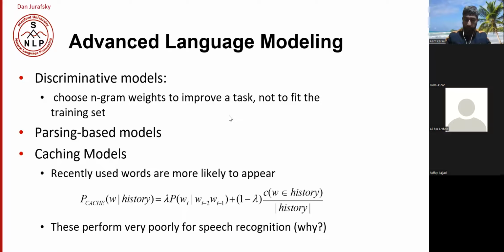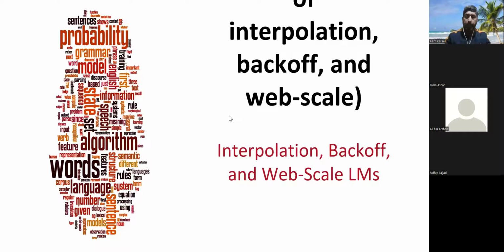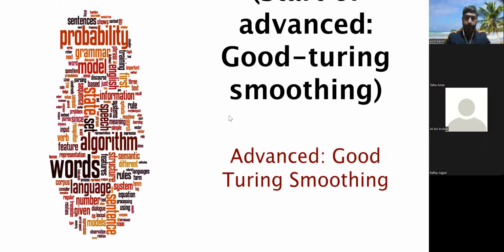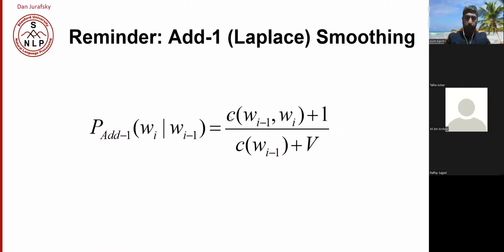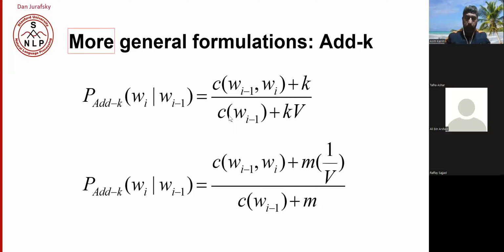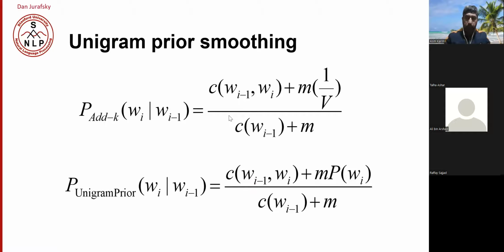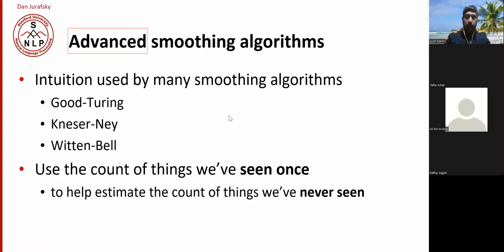But what we are going to discuss is Good-Turing and Kneser-Ney. We have already discussed this. We also discussed this. Okay, the advanced smoothing algorithms.